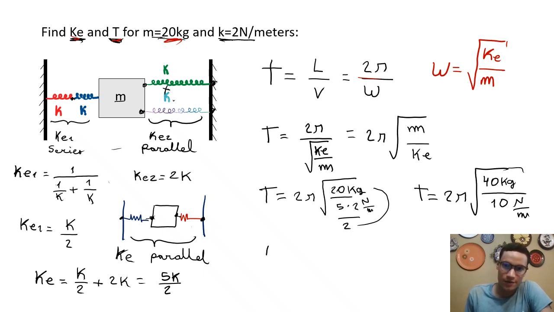And we simplify this, also the dimensions, and we get that this is basically equal to 4 pi. You can put that on the calculator, and the unit that remains is seconds, which is the unit of period. So this is the answer of the problem.